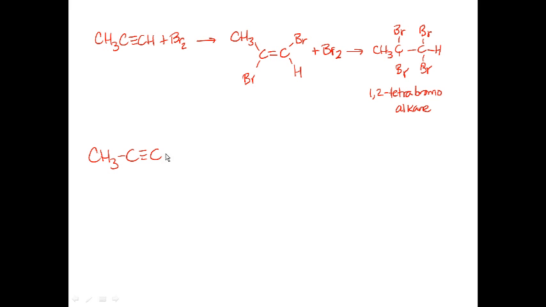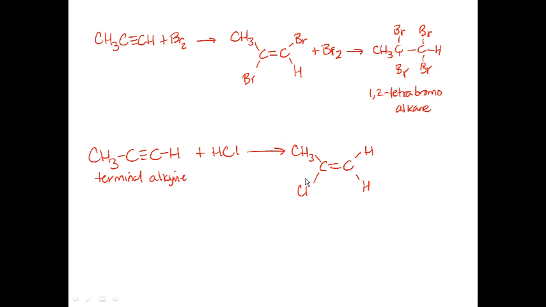And so, for instance, on the previous slide, if I add HCl to propyne, I'm going to end up adding the chlorine to the most substituted carbon, the hydrogen to the least substituted carbon. So if I react a terminal alkyne, then I'm going to end up forming this alkene.